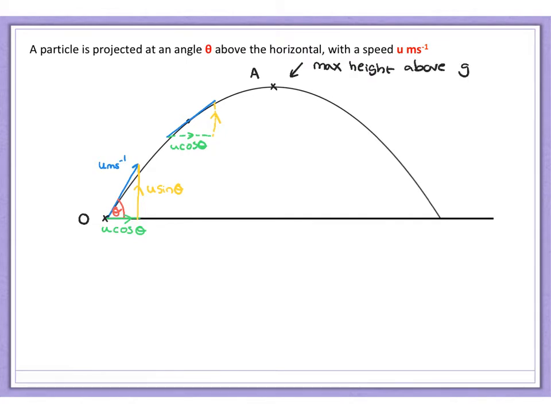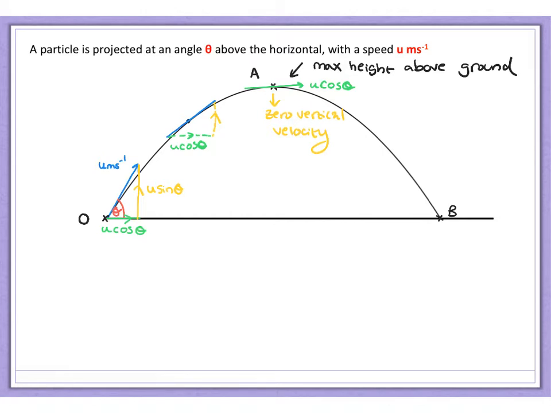At this point, the particle still maintains its horizontal velocity of u cos theta, but it has zero vertical velocity at its maximum height. After it has reached this point, the particle then accelerates down towards the ground, and we'll call this point B, the end of its journey.